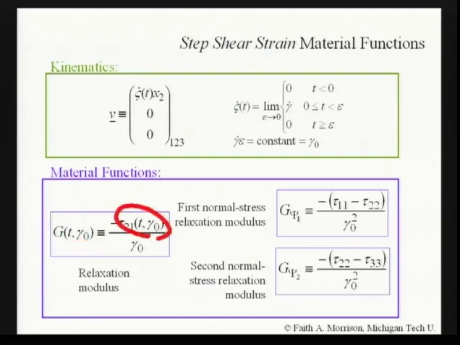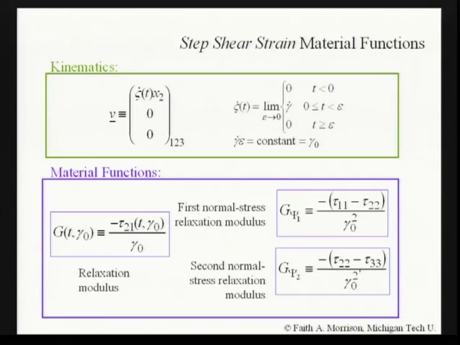You take the stress and divide it by the strain magnitude. So instead of stress divided by shear rate, you divide by strain. And the first normal stress relaxation modulus is the first normal stress difference divided by the strain squared. And the second is the second normal stress difference divided by the strain squared.